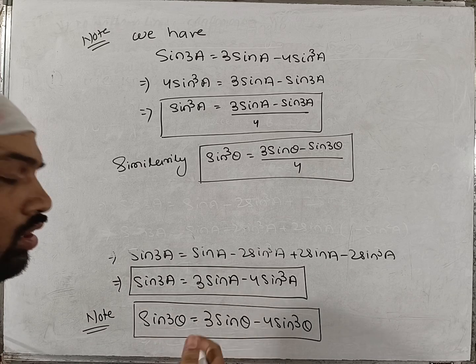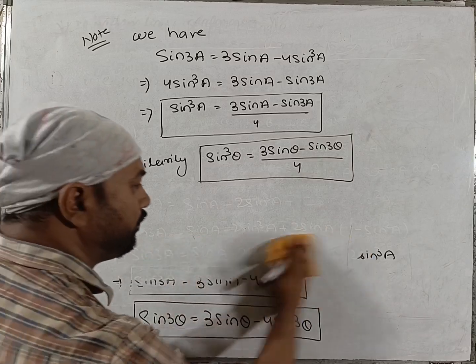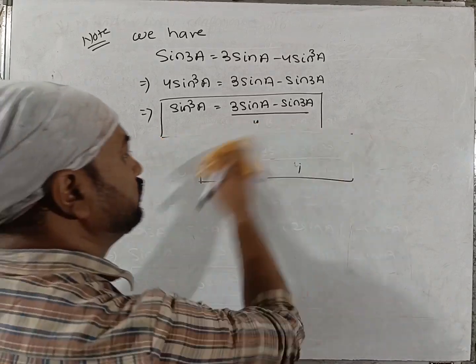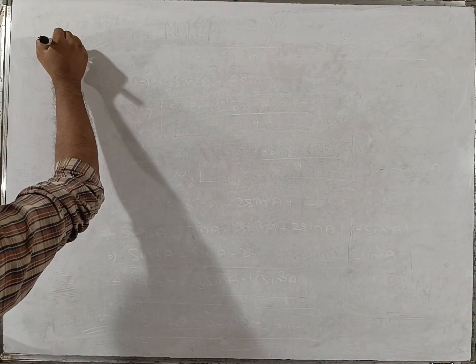Then let us go through the formula of cos 3a, it is number 2.